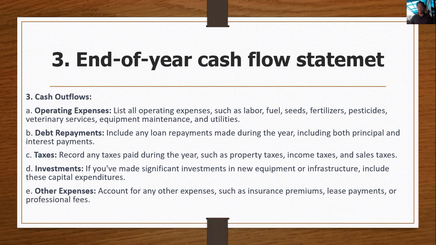And also your investments: if you've made significant investments in your equipment or infrastructure, include these capital expenditures under your cash flow. And if there are other expenses, account for them, such as your insurance premium, your lease payment if you are leasing land, or professional fees.